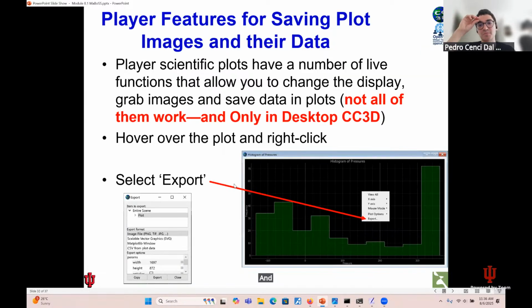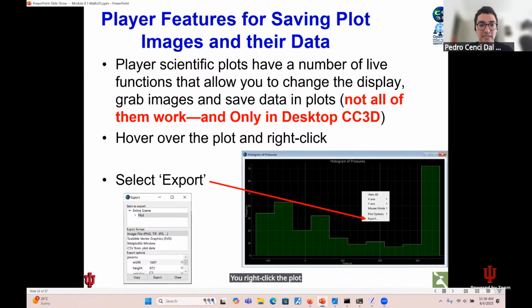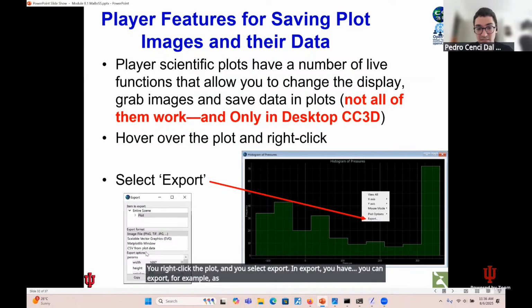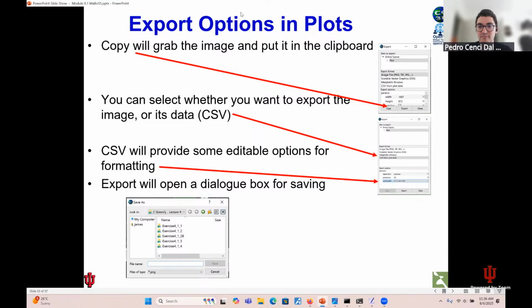And you can also export your plots. This works for histograms. It also works for the normal scatter plots. You right-click the plot and you select export. In export, you can export, for example, as a CSV file, and also as an image. If you click copy, you get an image of the plot.